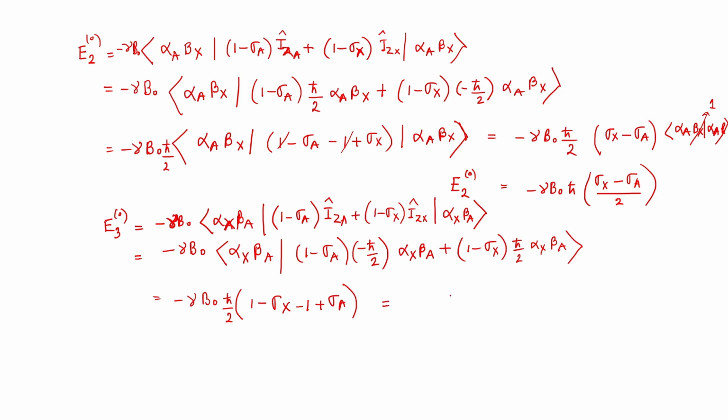So this is minus gamma B naught h cut by 2, sigma A minus sigma x, which I can write like this, gamma B naught h cross, sigma x minus sigma A, the minus I have taken inside, and this is going to be 2.